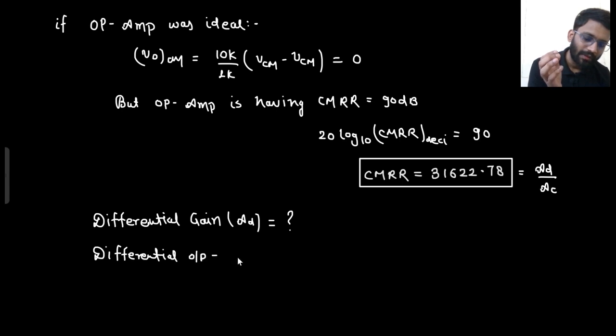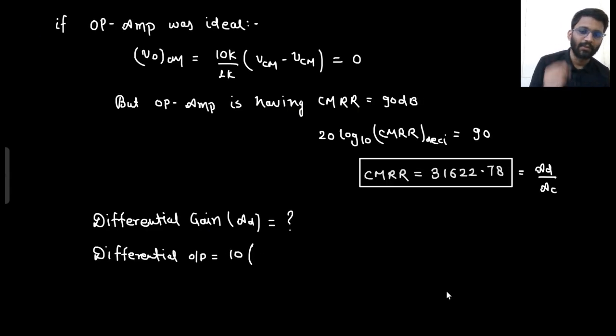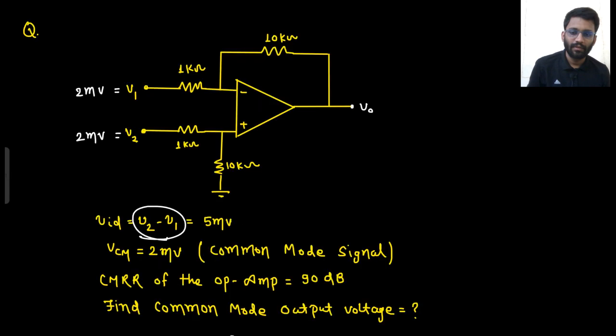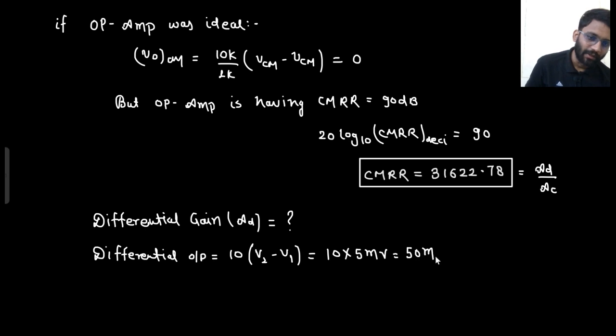Differential output would be RF by R, 10K by 1K, into V2 minus V1. But V2 minus V1 is 5 millivolt, so 10 into 5 millivolt would be 50 millivolt.